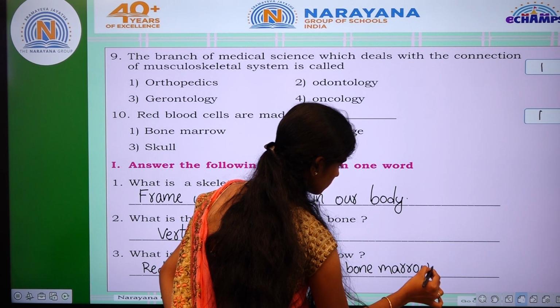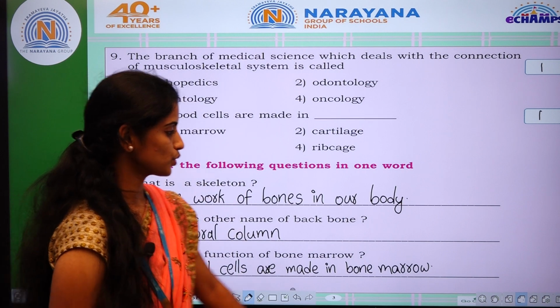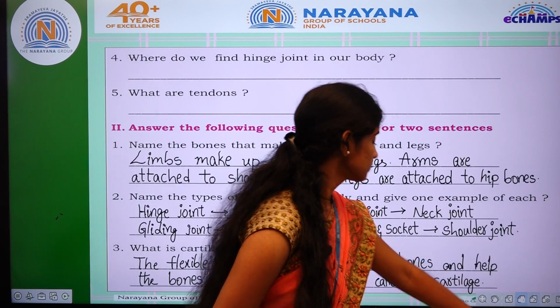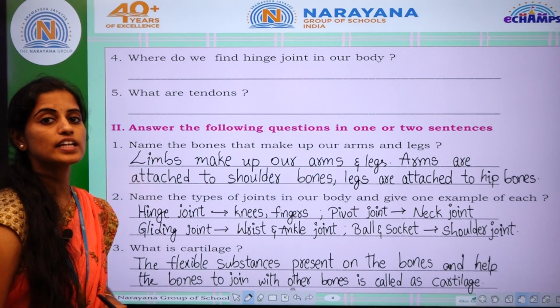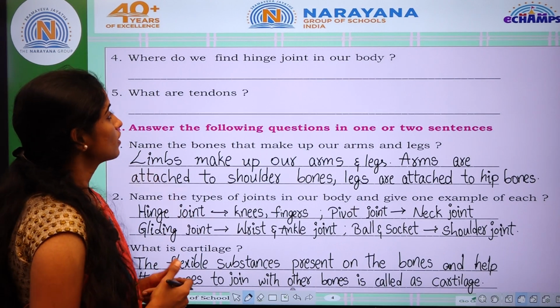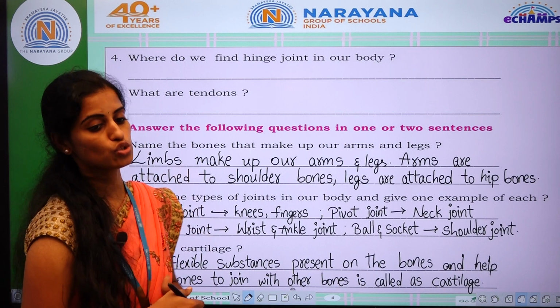Okay. Next, fourth question. Where do we find hinge joints in our body? In our body, where can we find hinge joints?